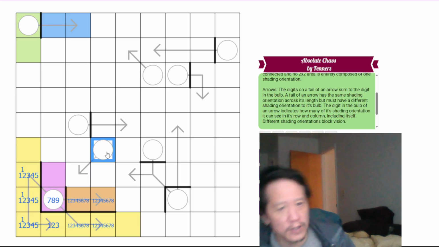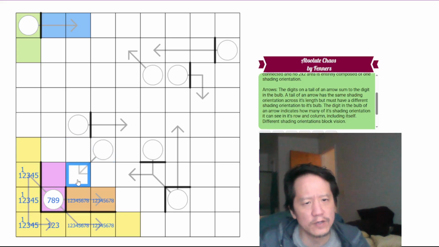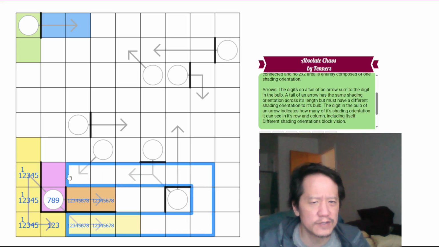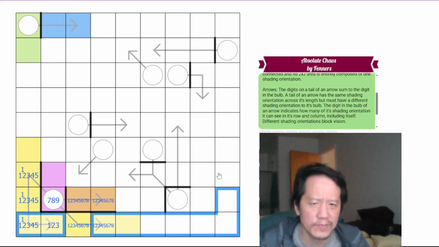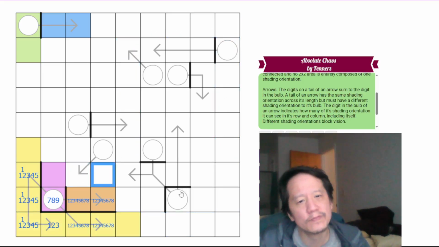Can it be yellow? I don't think either of these can be yellow, right? If this is yellow, maybe it could go on this long tangent here. I don't know.